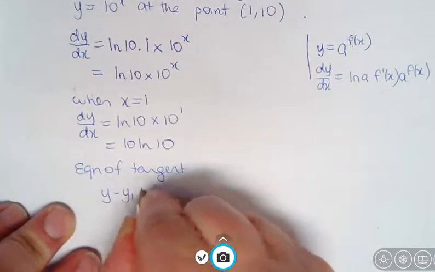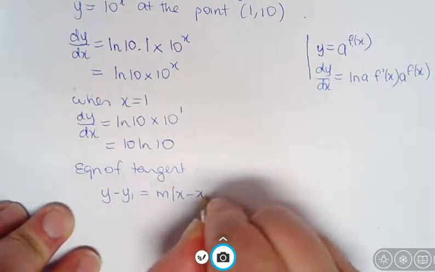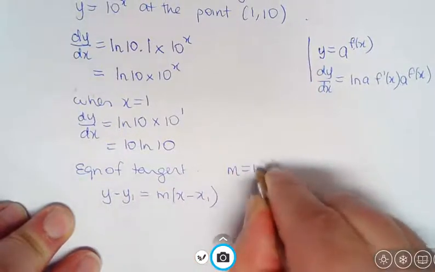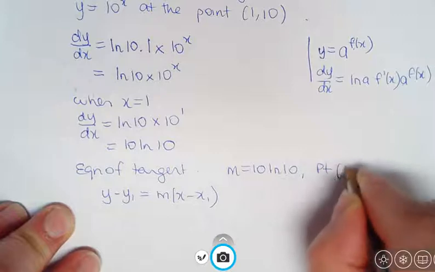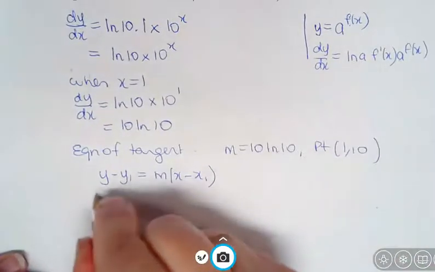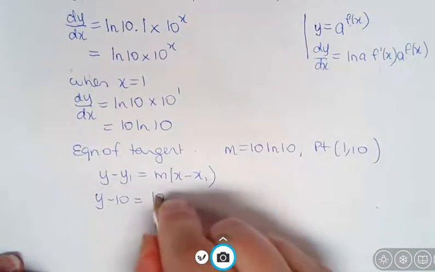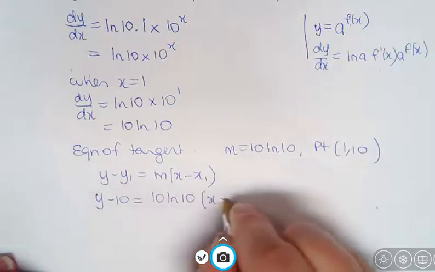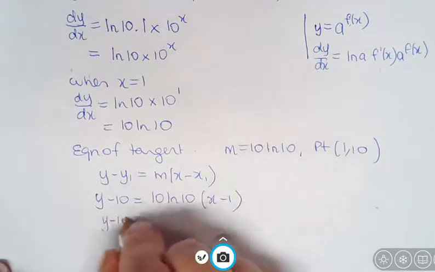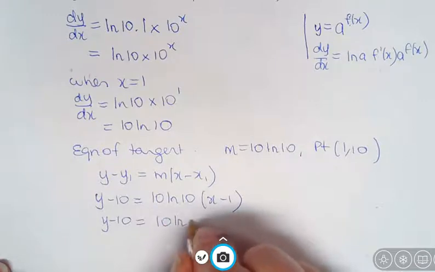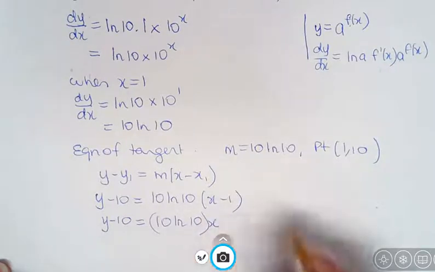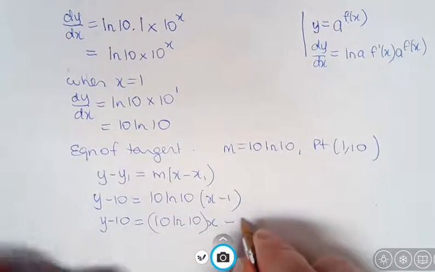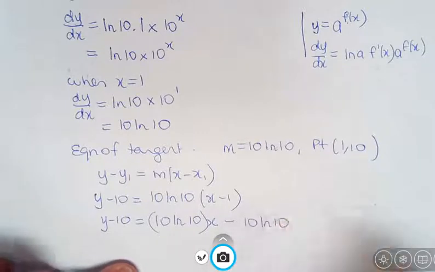So y minus y1 is m bracket x minus x1, and your gradient is 10 ln 10, and your point is 1, 10. So you just get y minus 10 is 10 ln 10 bracket x minus 1. Just expanding, y minus 10 is 10 ln 10 x, be careful, because that's the coefficient of the x, minus 10 ln 10.